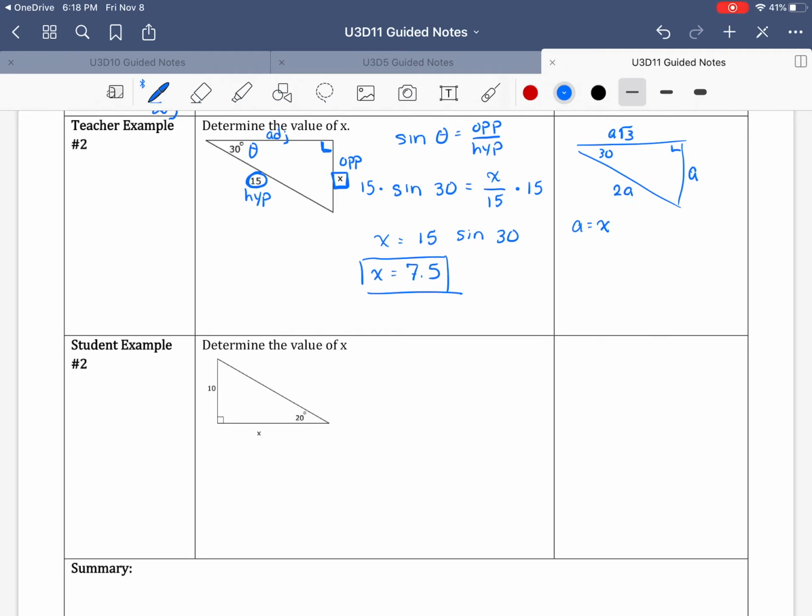And I know that a equals x, 15 equals 2a, and your other side, we'll call it d for adjacent, equals a square root 3. 15 equals 2a. I'm dividing by 2 on both sides. A equals 15 over 2, which is equal to 7.5, which is what we got when we used our trig functions.